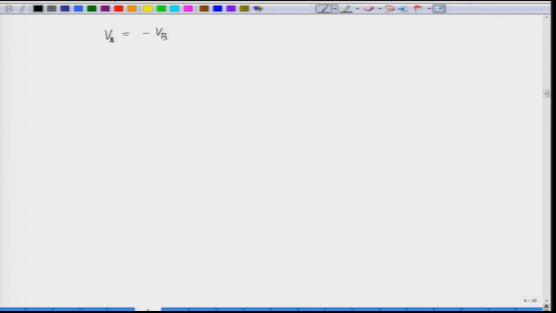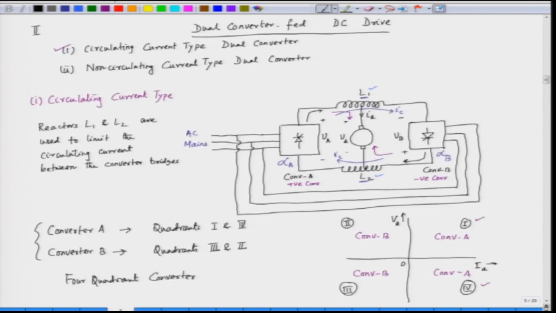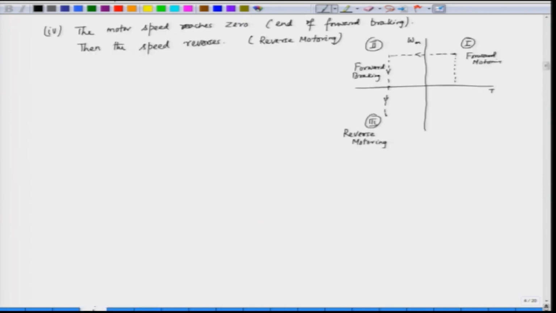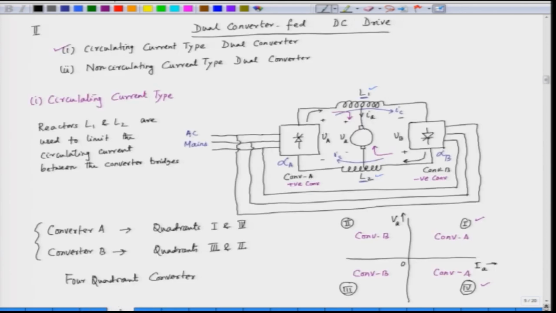It means the negative of this voltage VB should be equal to VA, or we can say that VA plus VB is equal to 0. So, the voltage in this loop will add up to 0.